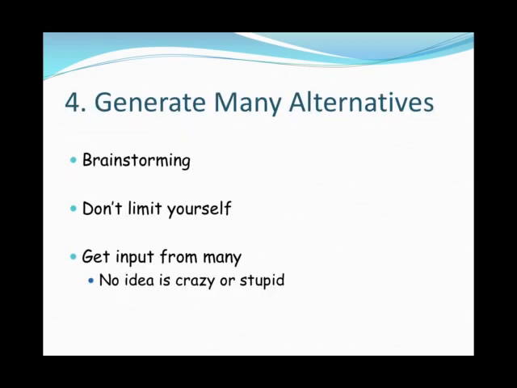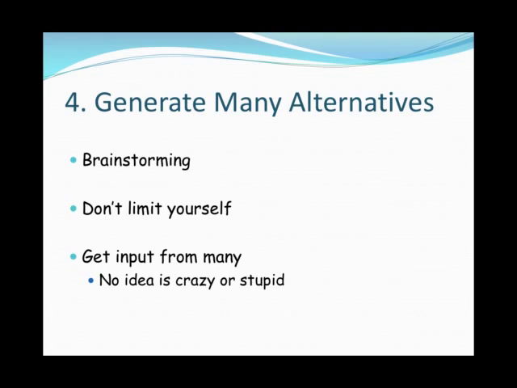So next, we're going to generate a lot of alternatives. We call this brainstorming. In brainstorming, you're just going to write down as many ideas as you have. This could be ideas on ways to solve a problem, like treatment options. If you're just looking for a diagnosis, you could write down all the different possible diagnoses.